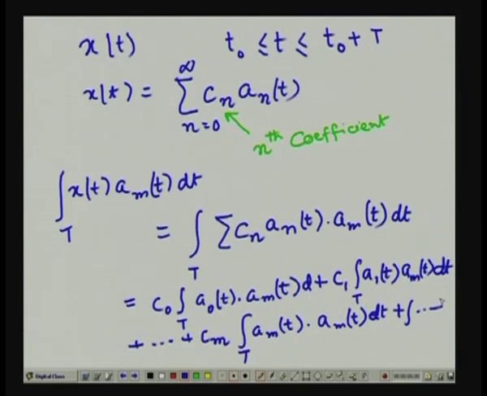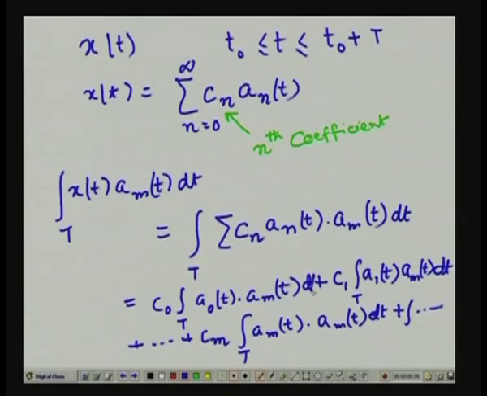Now, as per the definition of orthogonality that we have given, the integral of a_n(t) into a_m(t) dt will be equal to some constant k if and only if m is equal to n, and this integral will vanish for all cases where m is not equal to n.